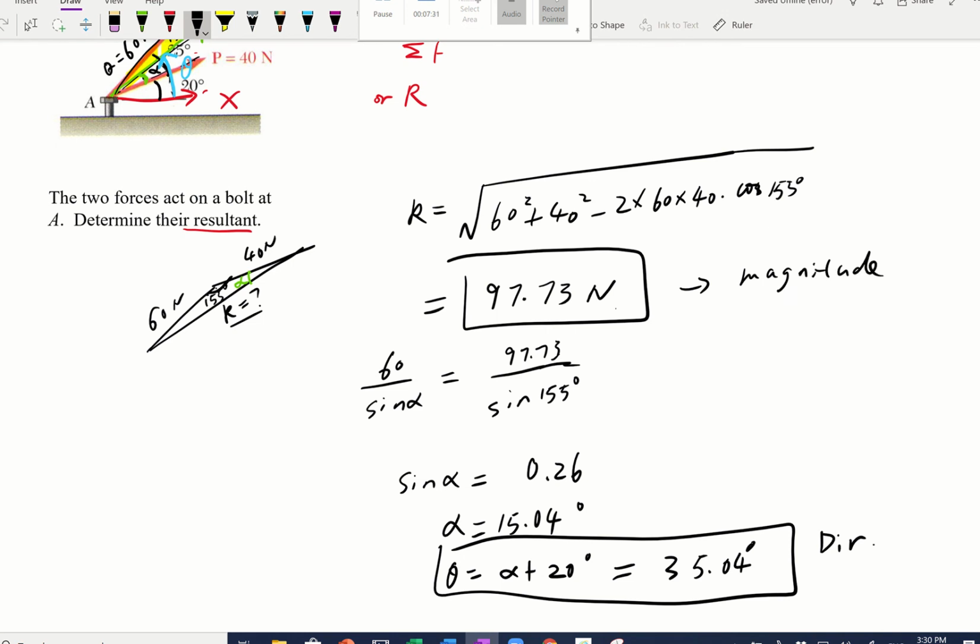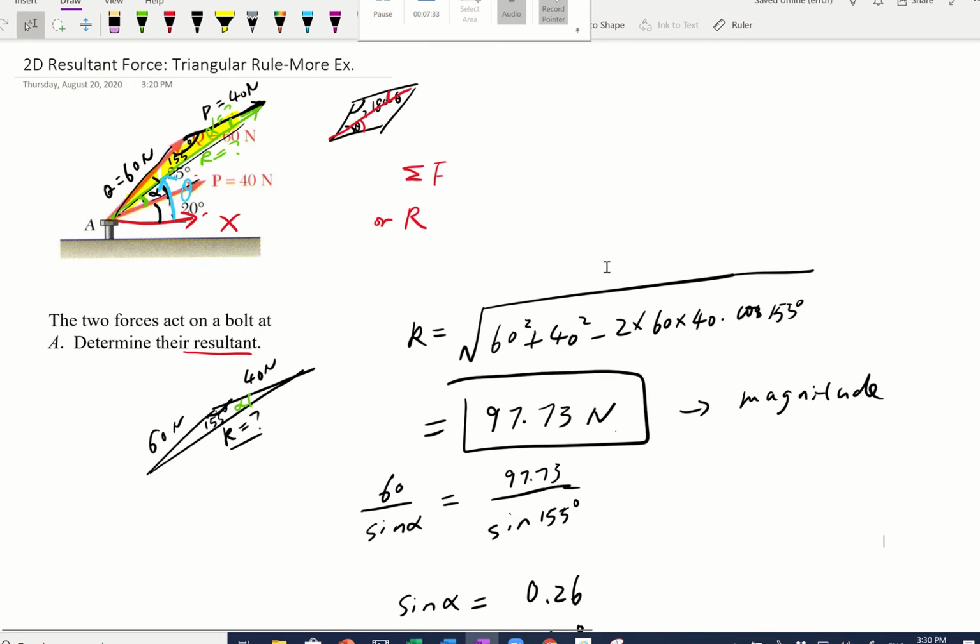All right, so this is just a quick example using the triangular rule to find the resultant force. And one last very quick question: is this nut A, the bolt right here, at equilibrium? The answer is no. It's not at equilibrium.